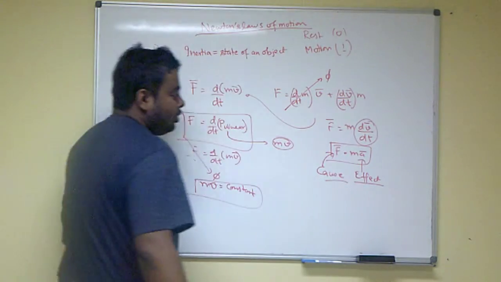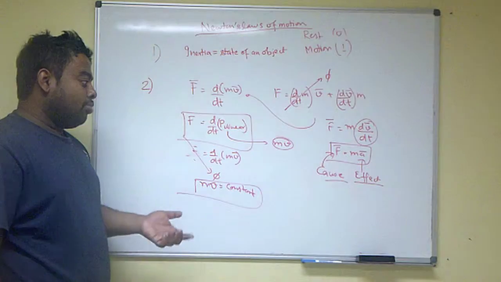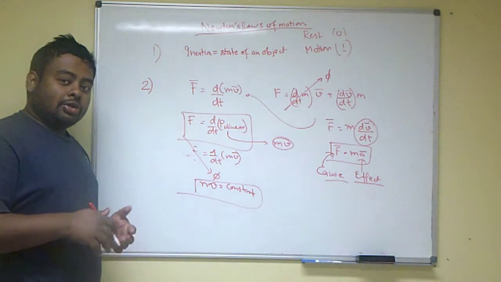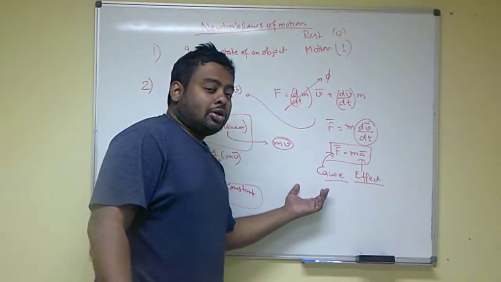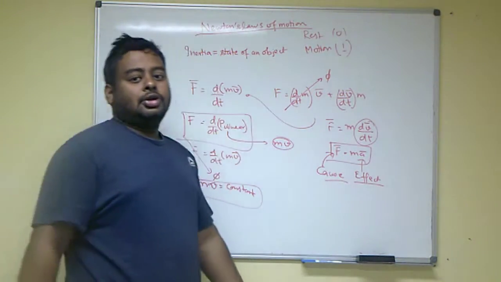Okay, so this cause-effect philosophy is there both in Eastern and Western philosophies. If there is a cause, then there are going to be certain effects. You measure the effects to get to the cause, or you know the cause and you can measure the effects, right?